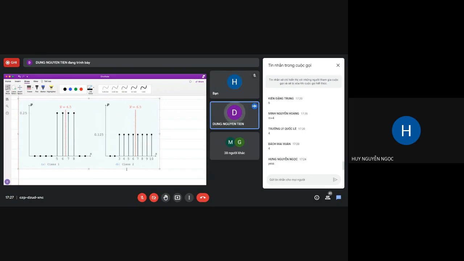Let's consider the following example. Suppose that you consider the scores of two classes. In the first class, all the scores are 5, 8, 5, 6, 8, 7, 8 with the same relative frequencies. All right.